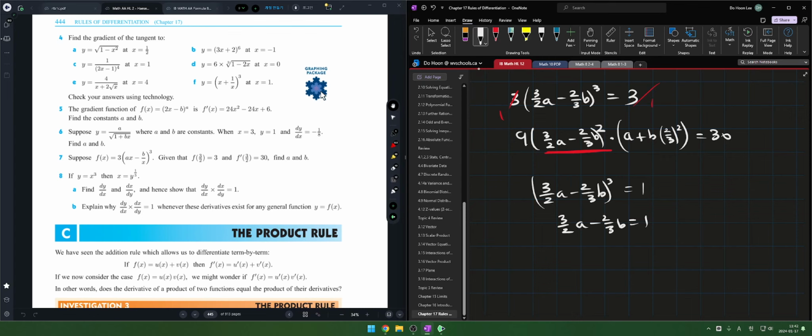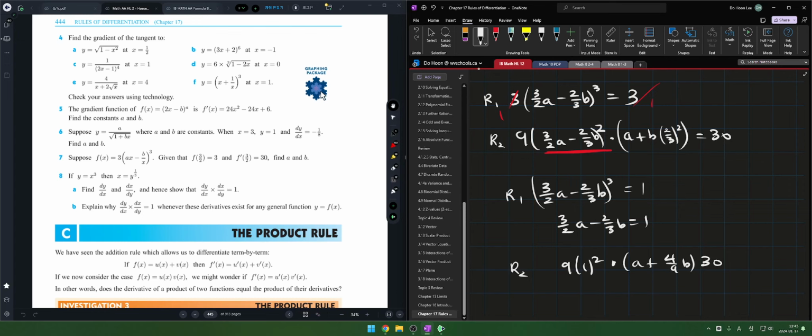So call this row 1 and row 2. It'll be 9 times 1 squared, so it's just 1, times (a plus b), or let's rewrite b as 4 over 9.